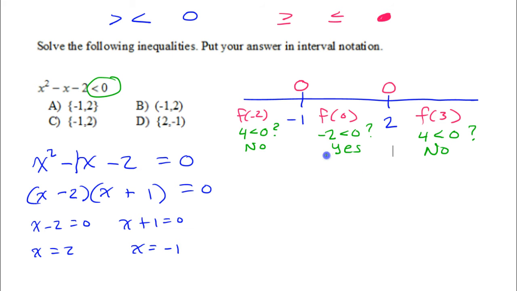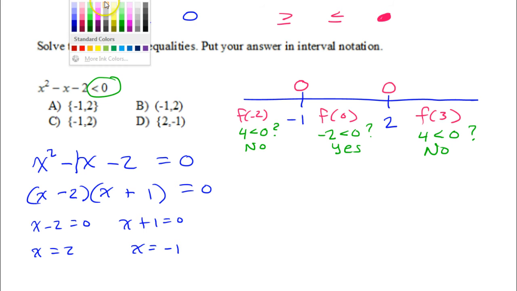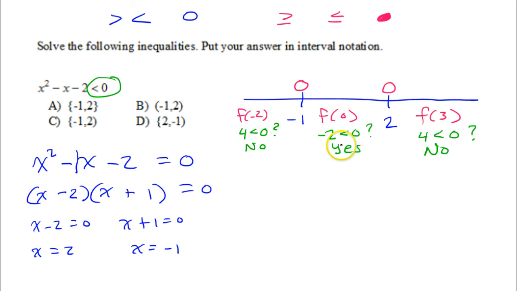So, wherever you see a yes, where we got a true statement, that's where the solutions are. So this is my only yes, so that means solutions lie between these 2 points. And there are no solutions out here. So in interval notation, the solutions are between -1 and 2.